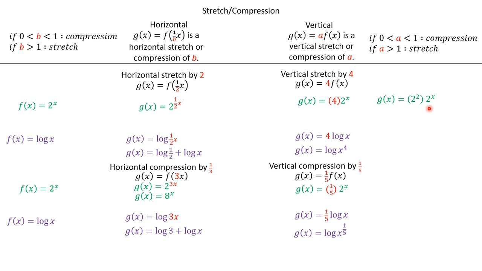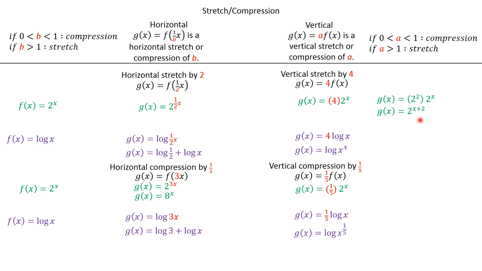So we're multiplying two things with a common base. What do we do if we multiply two things with a common base? Like, what would we do if we had x squared times x cubed? We'd have x to the 5th. You add the exponents. So here, we could add the exponents to get 2 to the x plus 2.